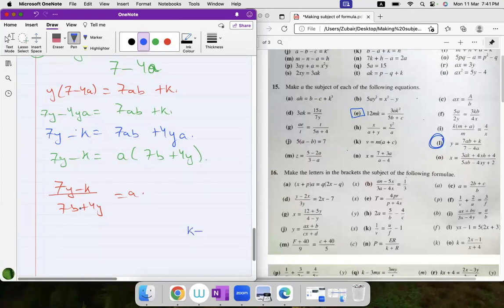We cannot do that. That is being added. We can only cancel the seven if we were able to take it common. What is your answer before cancelling them? Before that, I got K minus 7y minus 4ay over 7b.